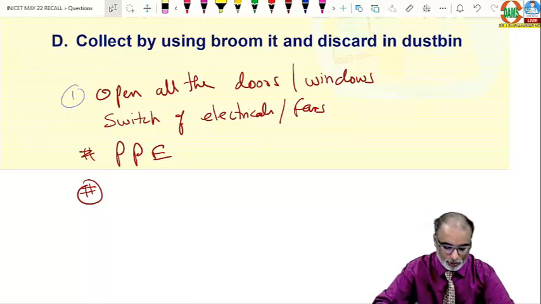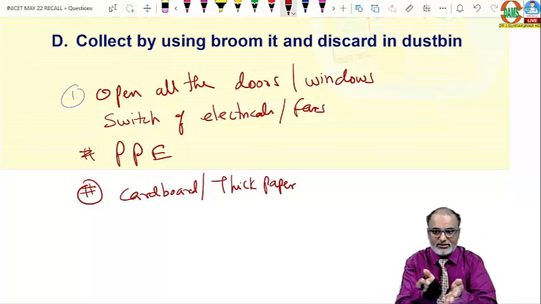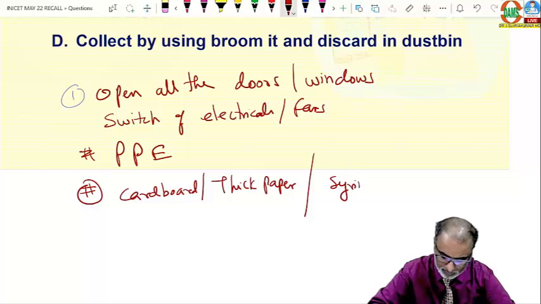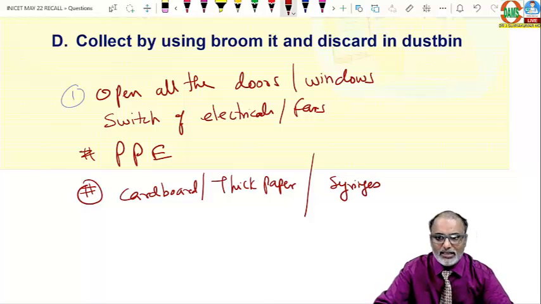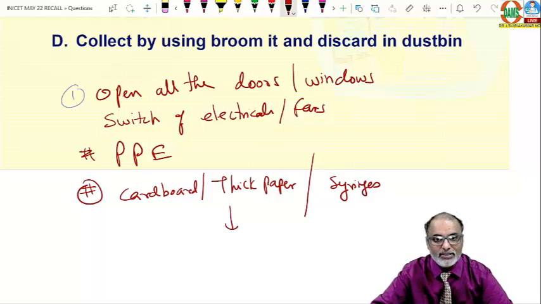Number one, you should use cardboard or thick paper. Or you can collect with a syringe. Remove the needle and slowly collect the mercury drops into the syringe. Finally, you should not put it in any dustbin or anywhere.